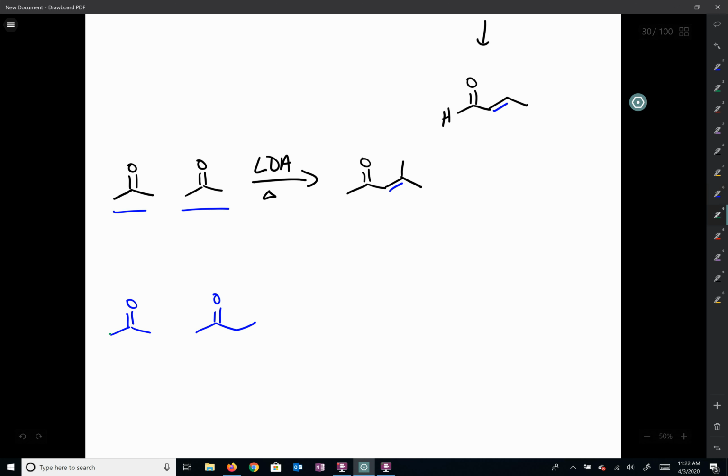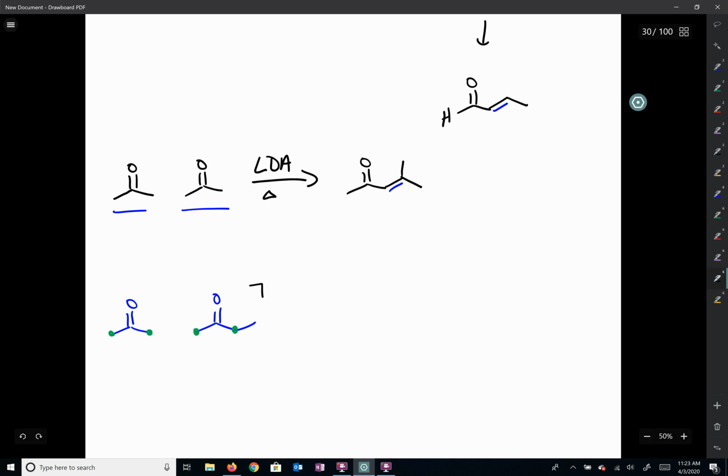We've got a number of alpha positions on these different carbonyls that can get deprotonated. Now, truth be told, there is a slight preference for primary versus secondary alpha positions. But what's happening is these ketones can also start to react with themselves.